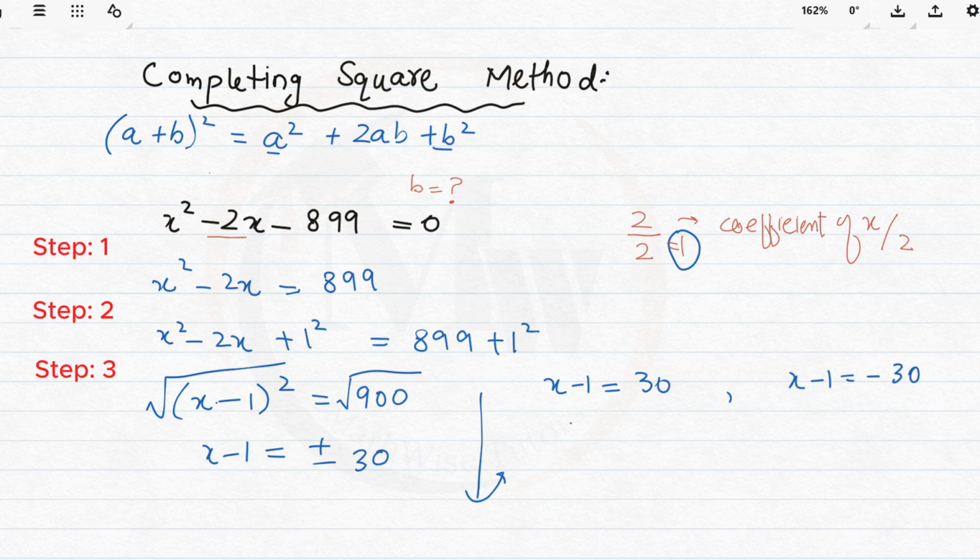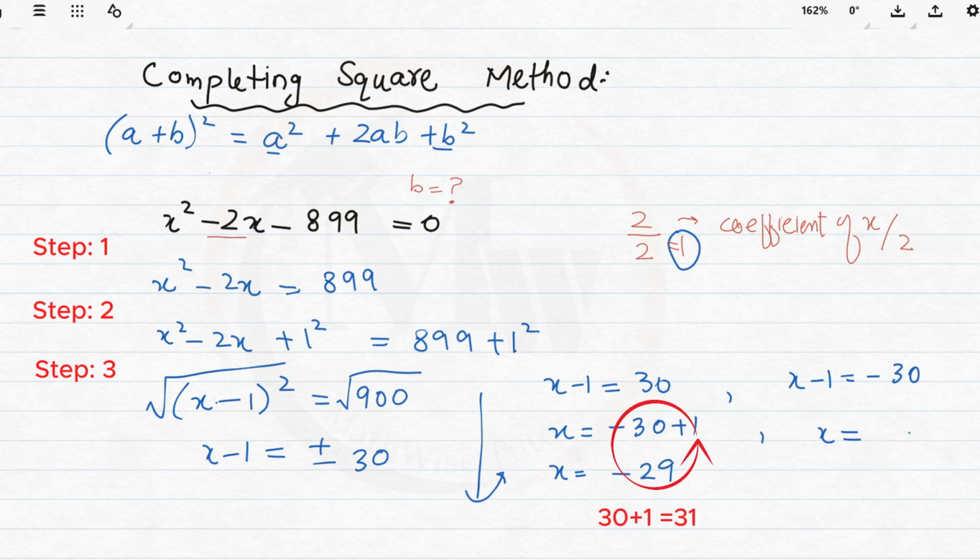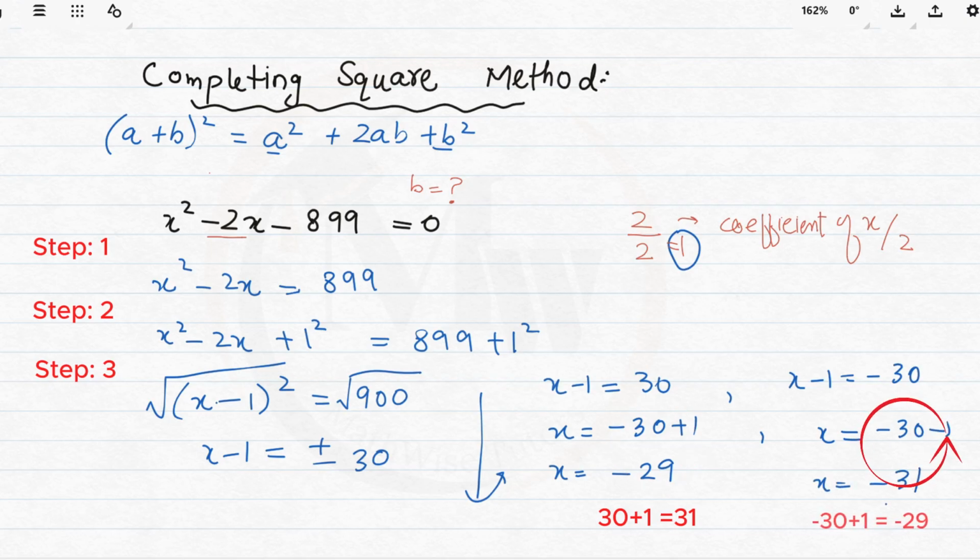The first value will give you x equal to 30 plus 1, which is equal to 31. You can correct this mistake here. And the second one is x equal to minus 30 plus 1. It should be plus 1 and the answer would be minus 29 here. So you can correct it. These are the two x values that we got by using the completing square method.